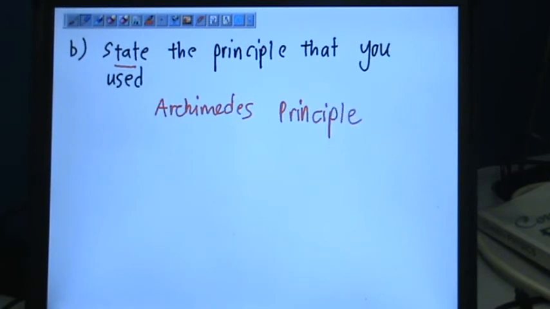So you don't have to define it, you don't have to explain it, because state. But the 2 marks is a mistake, so we agree that, myself and other 2 physics teachers, we can give you 2 marks anyway, if you just put Archimedes principle. If you write the long sentences, it's also not wrong, I'll give you 2 marks.